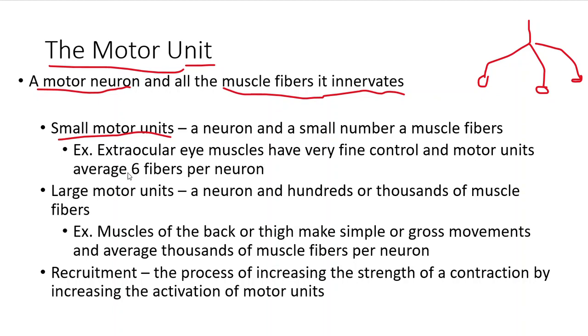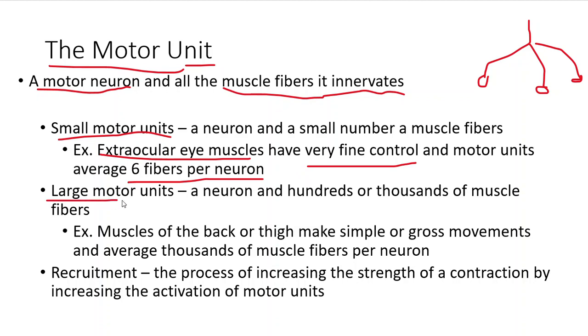And this would be things that you have extremely fine control over. Your eye muscles, the extraocular eye muscles that move your eye, and the nerves and muscle fibers in your fingers, you have fine control over. And with these, basically one neuron only innervates 6 muscle cells.